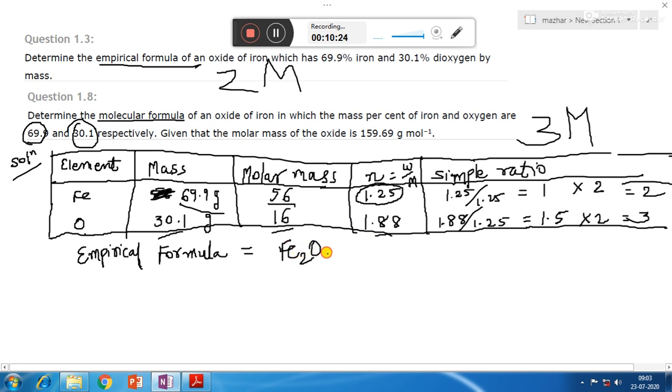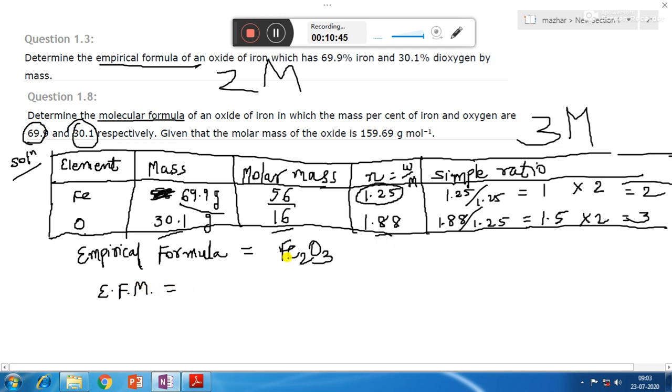Now we have to find out the molecular formula. So here you can see that if question number 1.3 is there, then you have to solve up to this, and in question number 1.8 you have to proceed further. Now from the empirical formula we have to find the empirical formula mass.